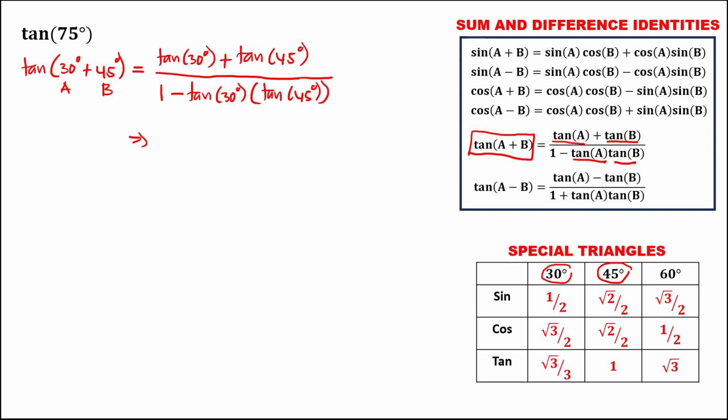Then substitute the values for tangent 30 degrees and tangent 45 degrees from these special triangles.